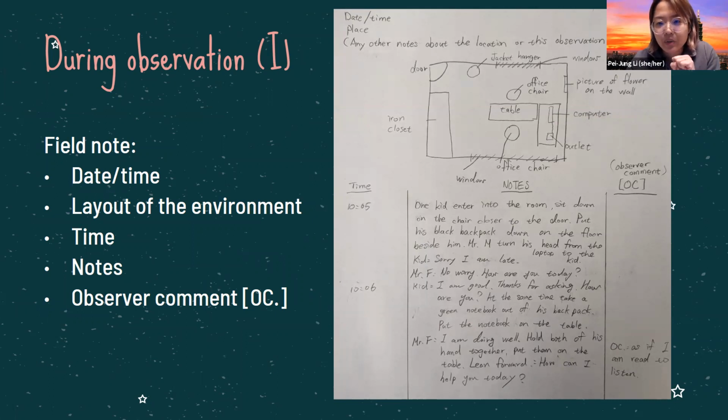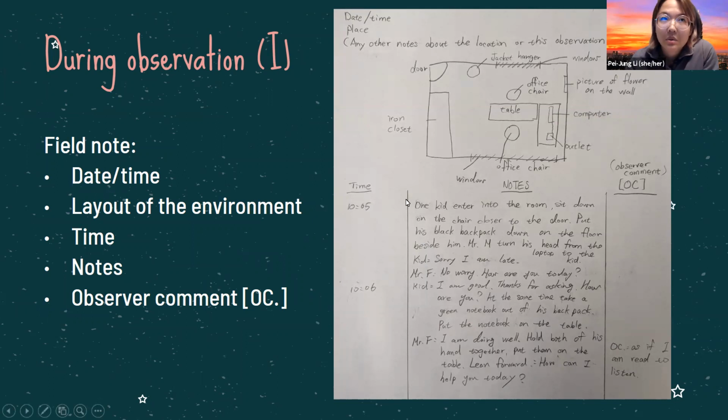And then later on, you will see there is time and notes and a column called OC, which is observer comments. So what are these? Time depends.